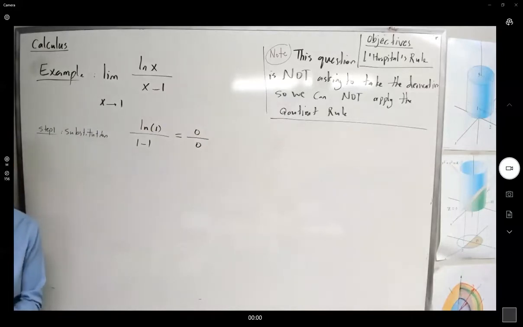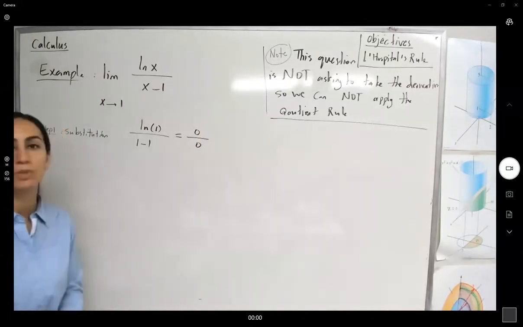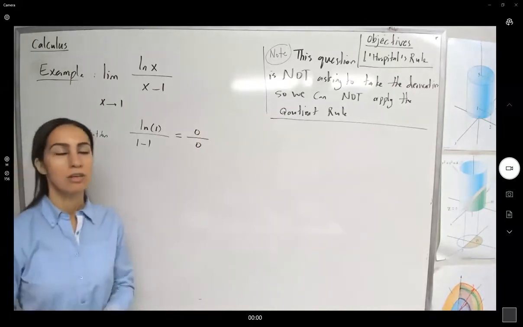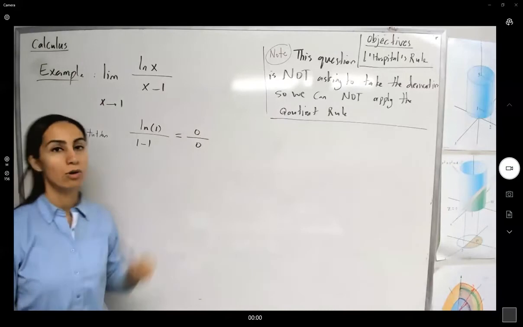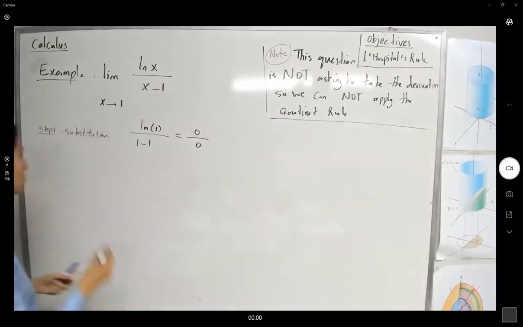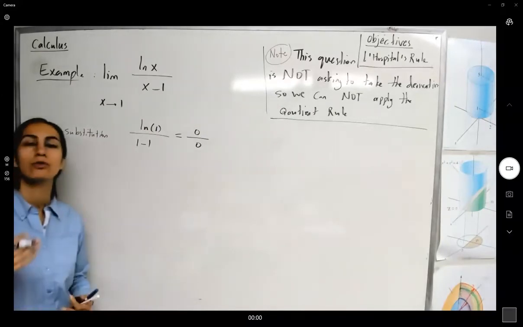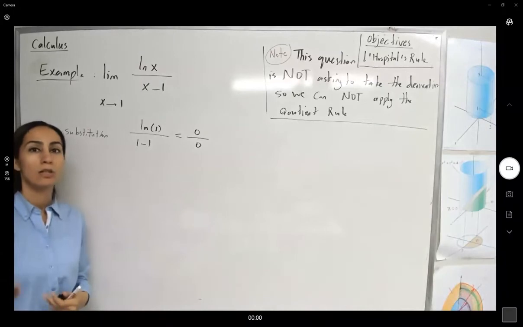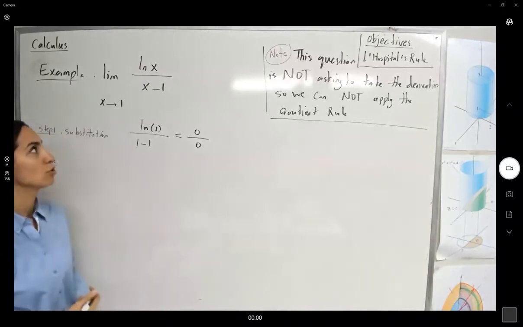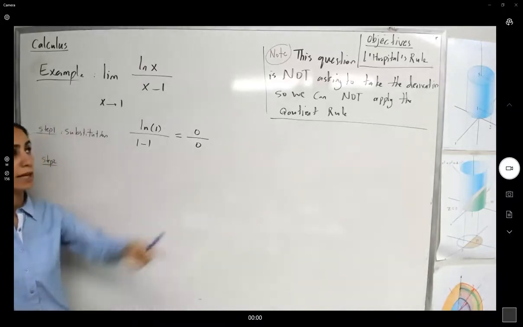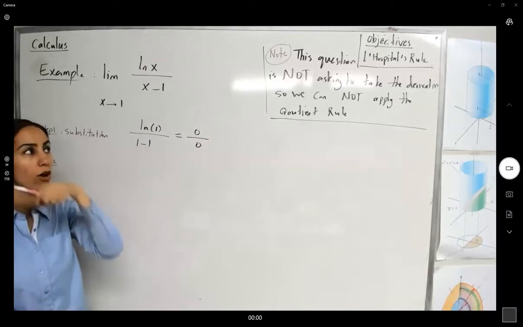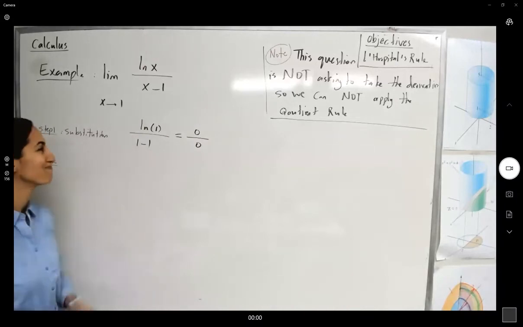So in step 2, we try to get rid of the factor that makes 0 over 0. But here we cannot apply factoring. Here we do not have the technique of using the conjugate. We cannot do that. What we can do is use what we learned so far, L'Hopital's rule.